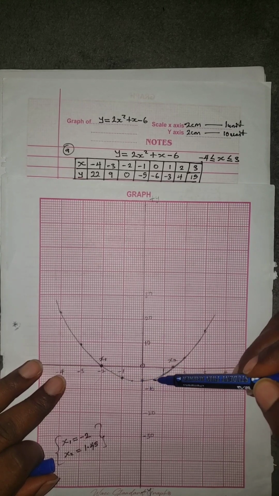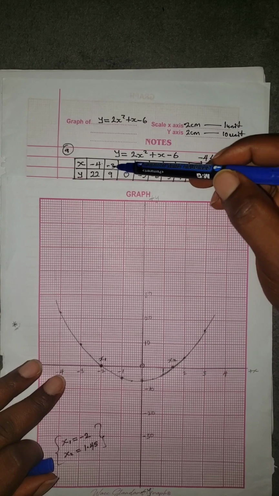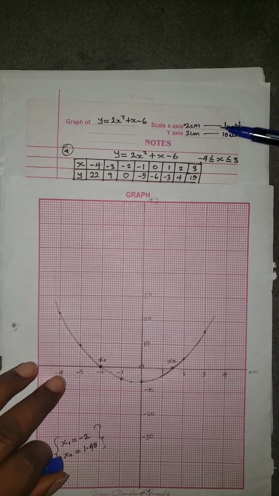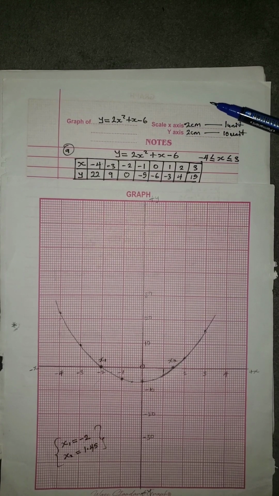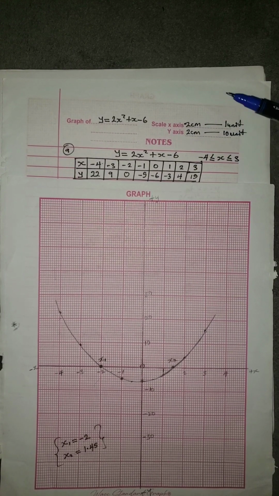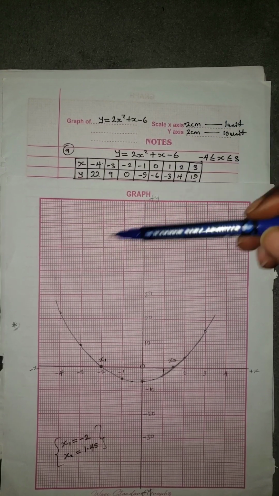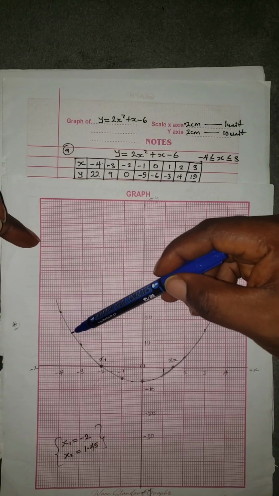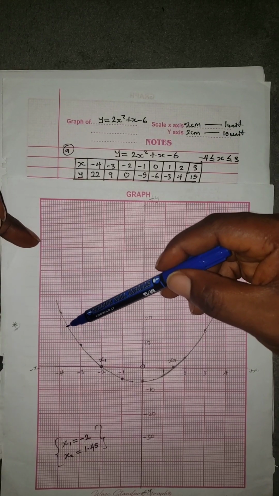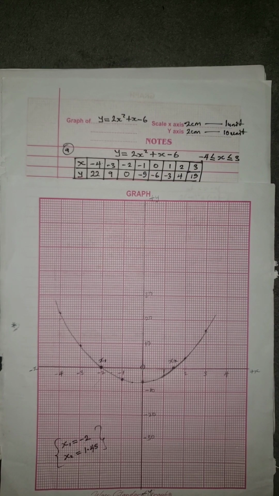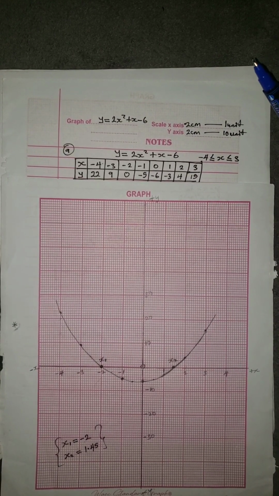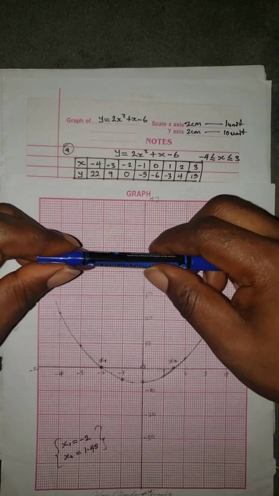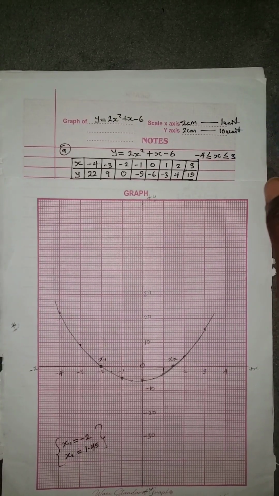That will definitely assist us in plotting a good curve, because the closer the points are, the more likely we are to connect them into a very smooth curve. So I'm going to show you how to do that now.